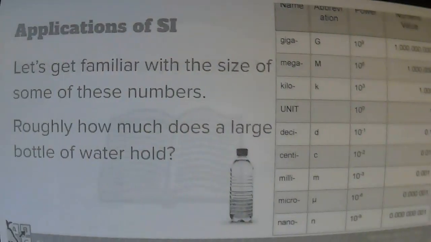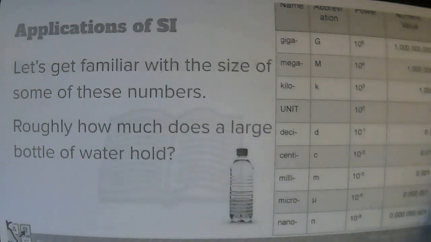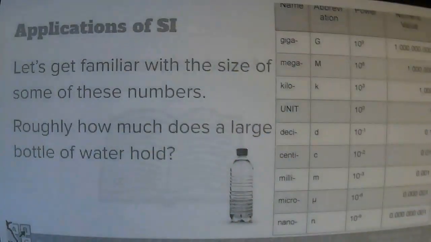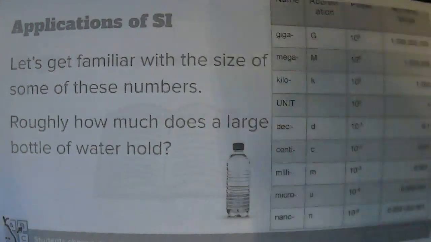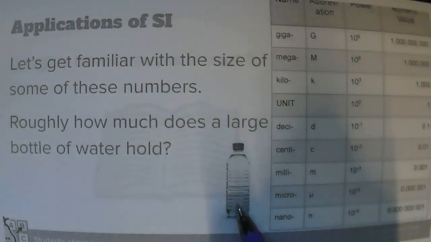What do we do with SI? We want to know about how much a large bottle of water holds. Now we're talking about units, not prefixes. Well, maybe prefixes a little bit. This is about getting a sense for how much each kind of unit is.